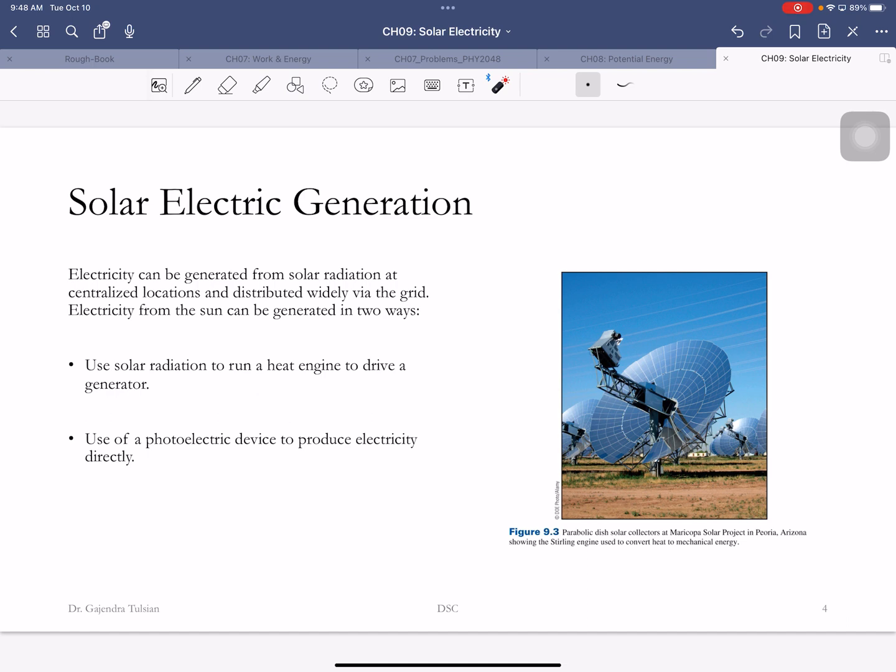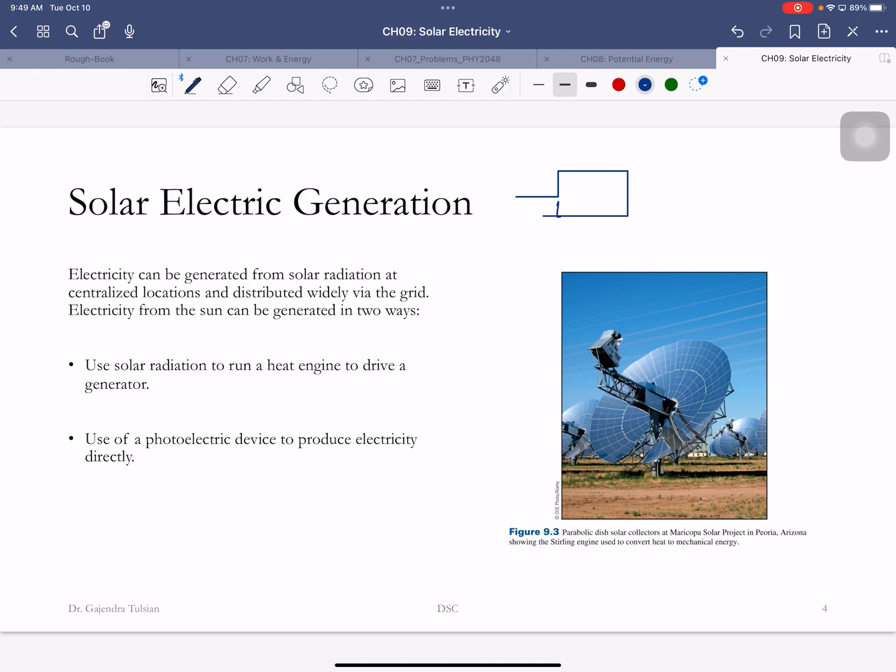Okay. So electricity from the sun can be generated one of two ways, using solar radiation to run a heat engine to drive a generator. Okay. So this is a heat engine, and you can use that to drive a generator. So this stuff is turning that piece of wire between a magnet.